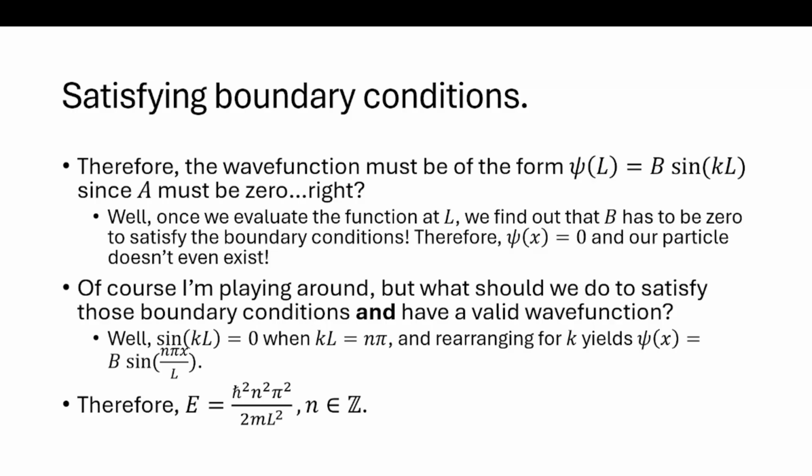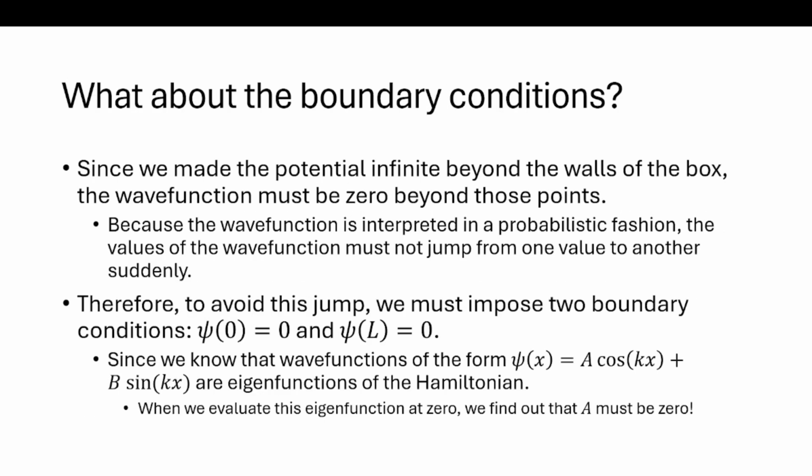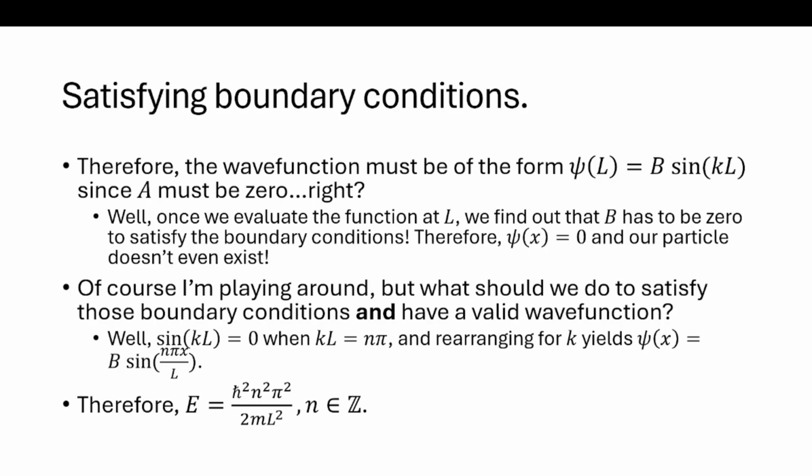And if we evaluate that, we're going to get the wave function of this form. As you can see, the term including a cosine kx, that immediately gets turned to 0. And therefore, we have to say that a must be 0.